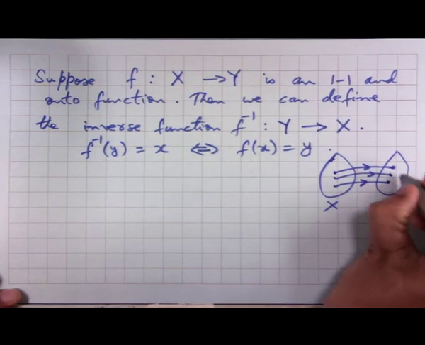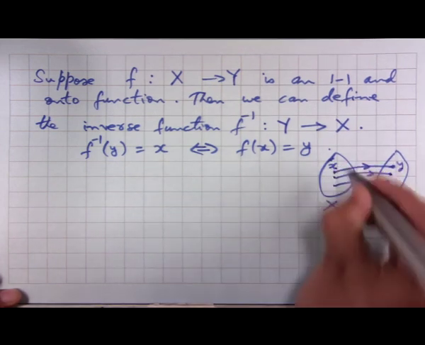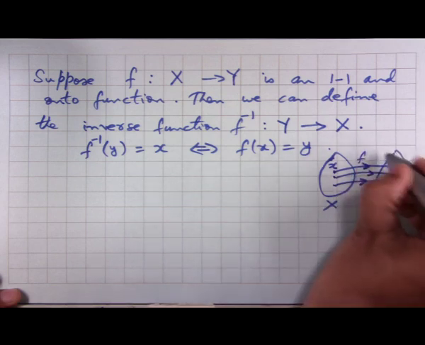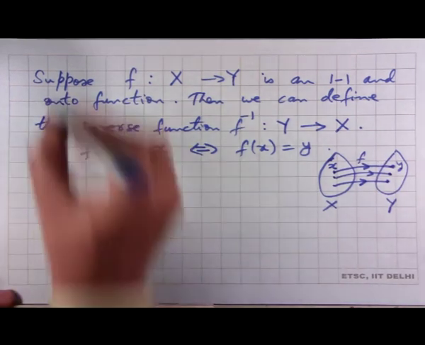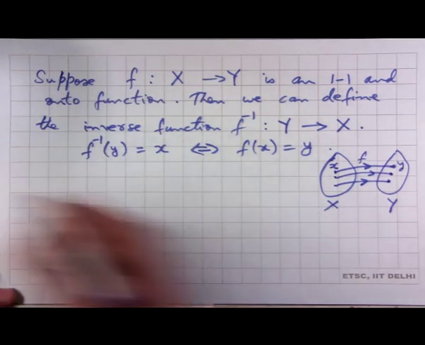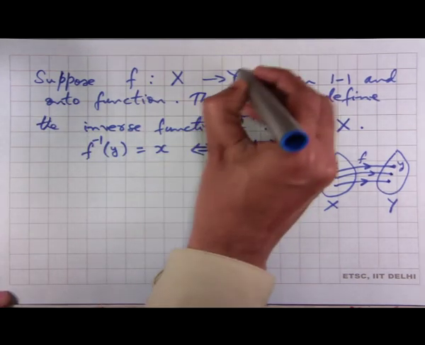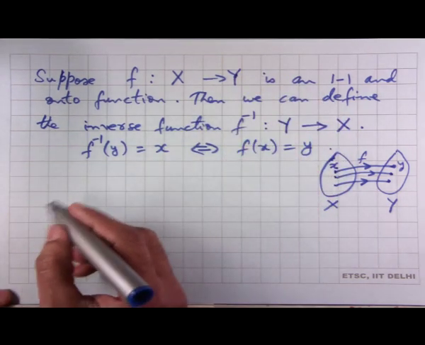So for every y we look at the x such that f of x is equal to y, and then f inverse is the map from Y to X. This is the general thing that you must have learned in functions, that the inverse of a function can be defined if we have a one to one and onto function.